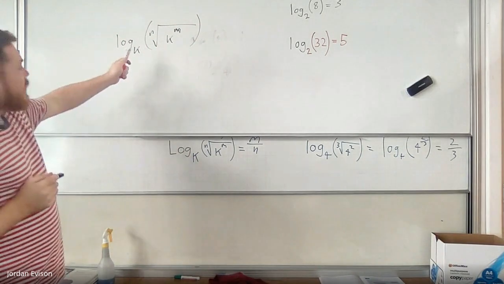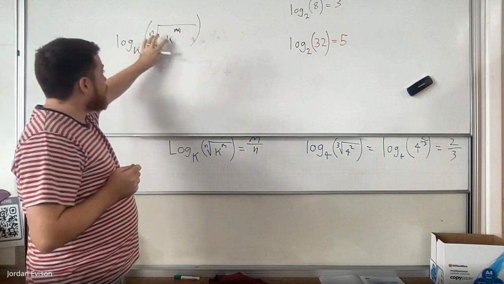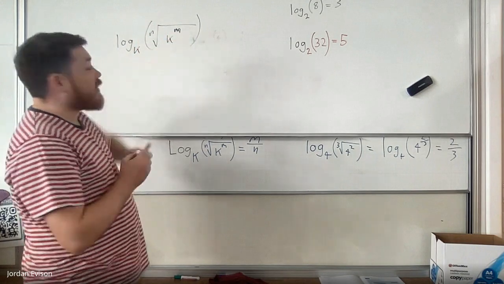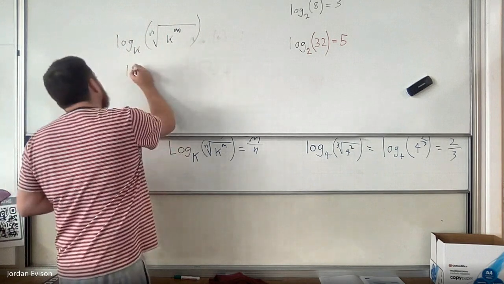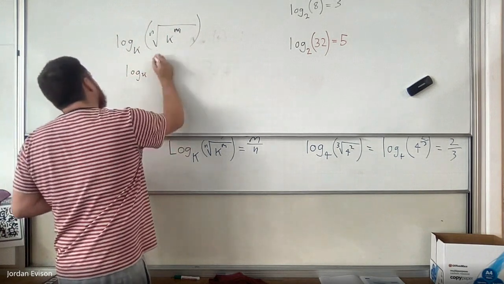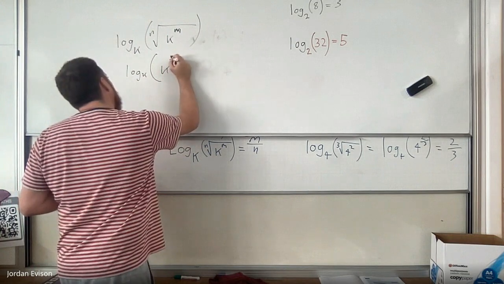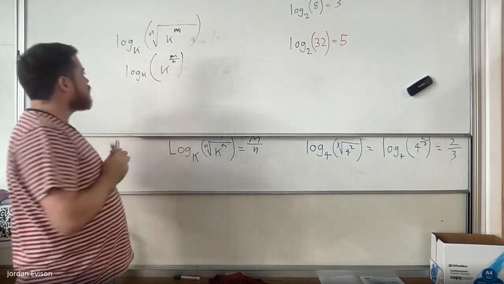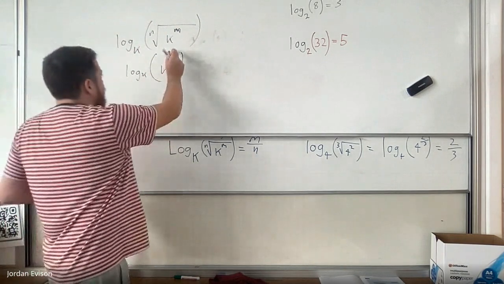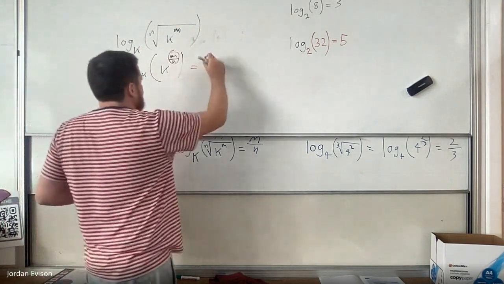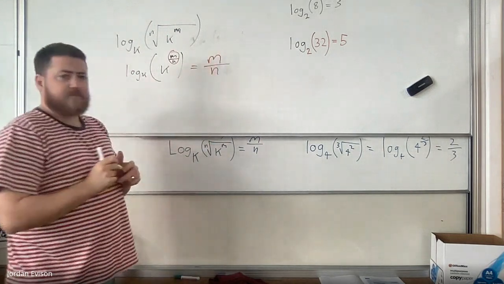Now we know that when we have this type of surd form, or nth root, k to the power of m, we can always rewrite that as k to the m over n. So now we've identified the power of this. So that has to be m over n, doesn't it?